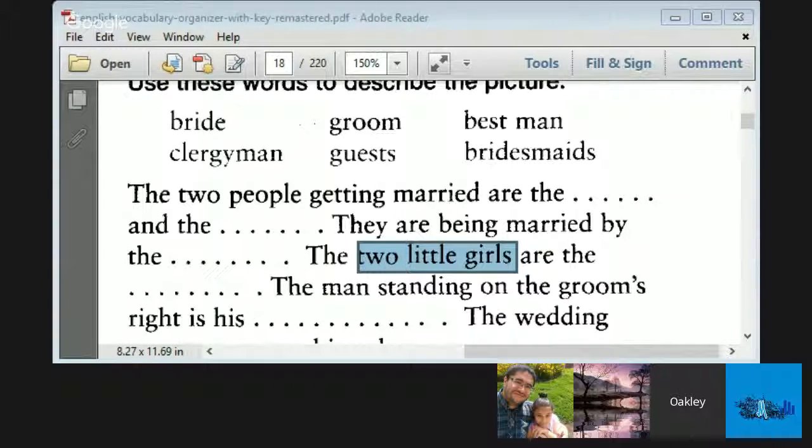Since we have two little girls here, sometimes there are little girls involved in the wedding. One or two little girls, really, 5, 6, 7, 8-year-old girls, and they are the flower girls. Sometimes you'll see this. They'll throw flowers in the air when the bride walks down the aisle, or they'll carry a bouquet behind the bride.